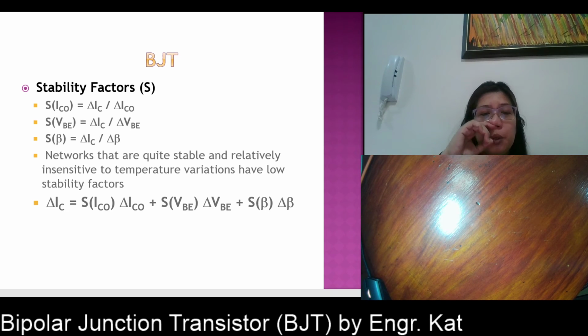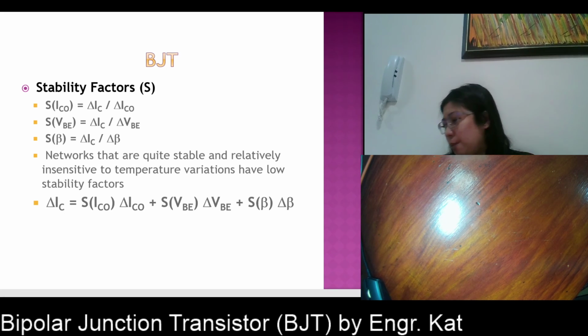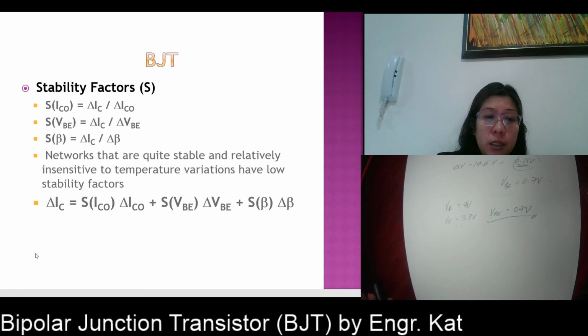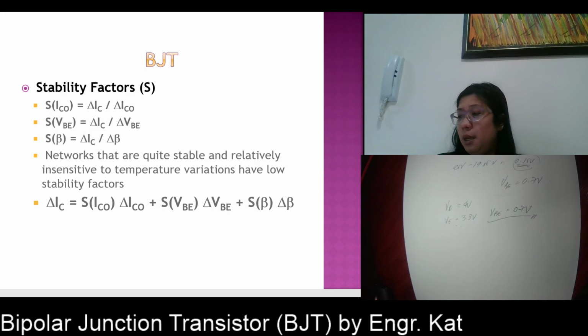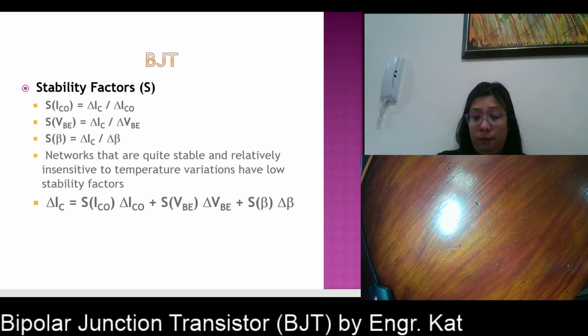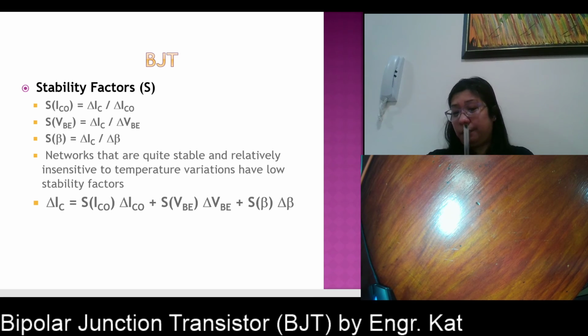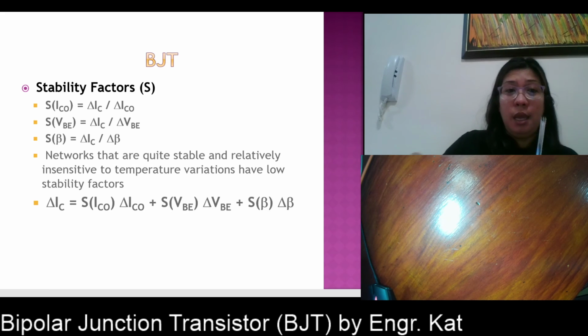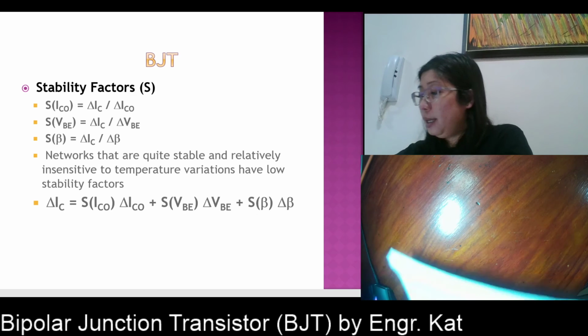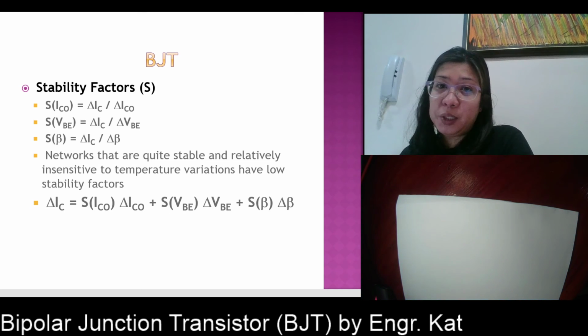temperatures. Okay, so since the three of them are connected, why are the three of them connected? Because, if we change beta, so if we change VBE, what affects VBE?